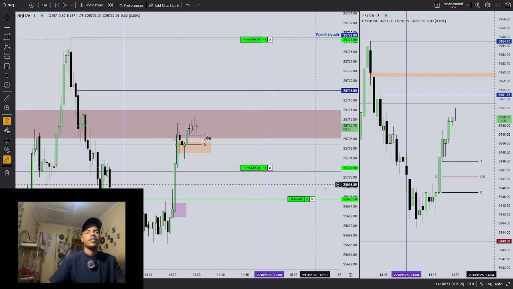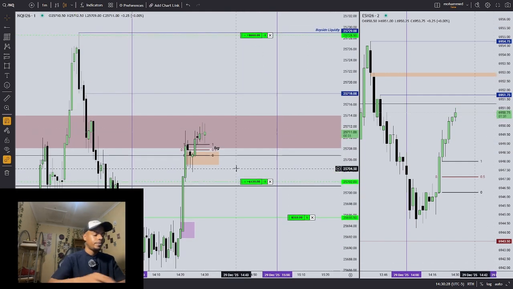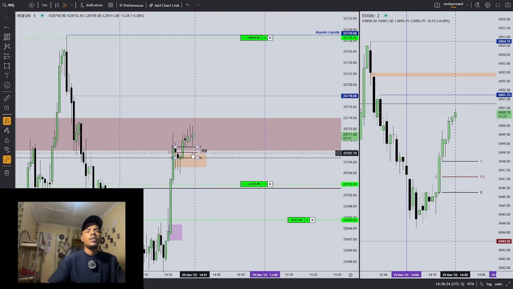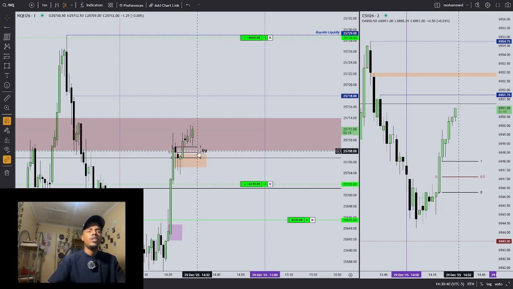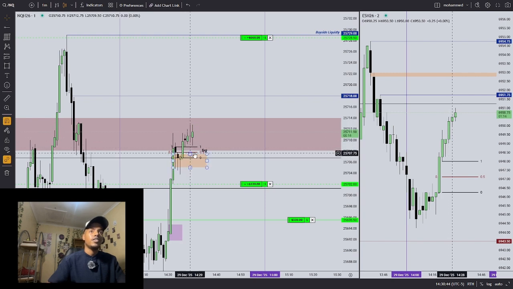I'm dragging my stop loss as well. I'm very confident that it won't come back before retracing back to that order block that I've just annotated. Everything looks good so far.